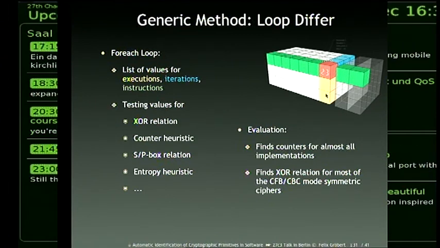Down there, executions and iterations. And for each point in the cube, you can compare this block to the next iteration or this block to the next execution of the loop. And I tested the relation between these values, for example, for XOR relations and for counter, whether there's counter incrementing between these iterations or executions.